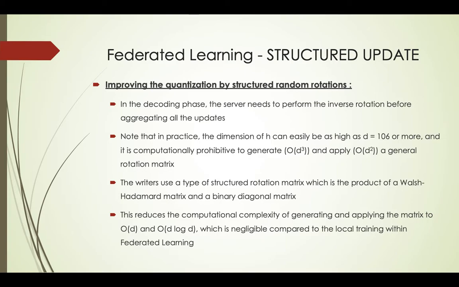The writers use a type of structured rotation matrix, which is the product of a Walsh-Hadamard matrix and a binary diagonal matrix. This reduces the computational complexity of generating and applying the matrix to O(d) and O(d log d), which is negligible compared to the local training within federated learning.